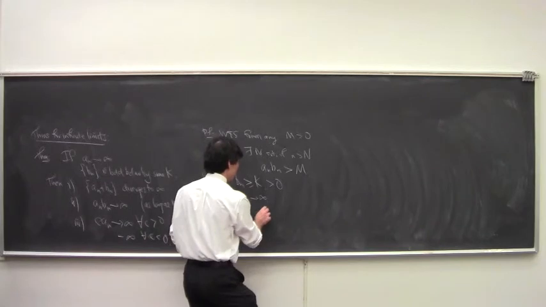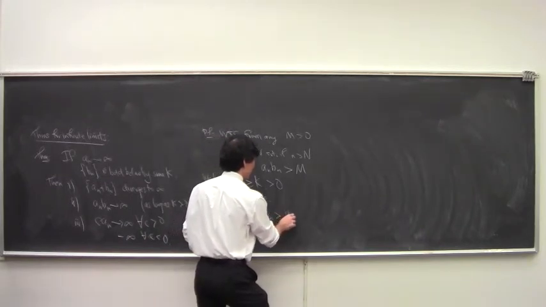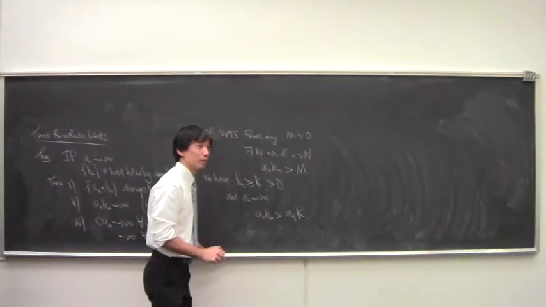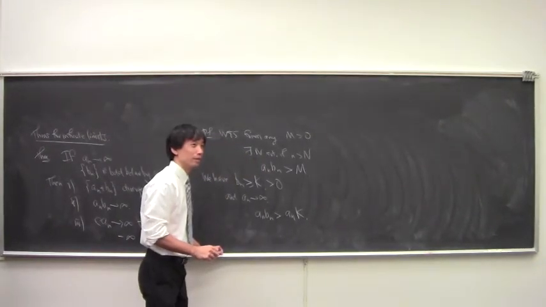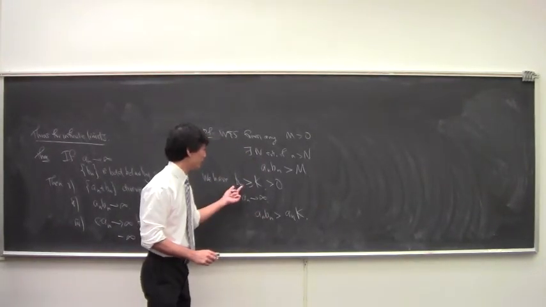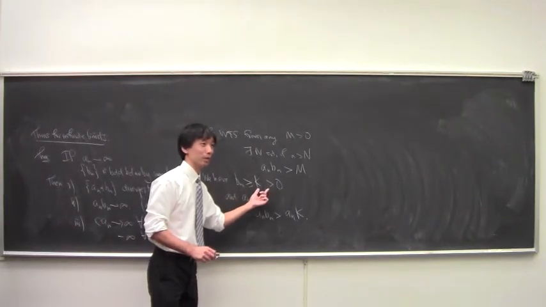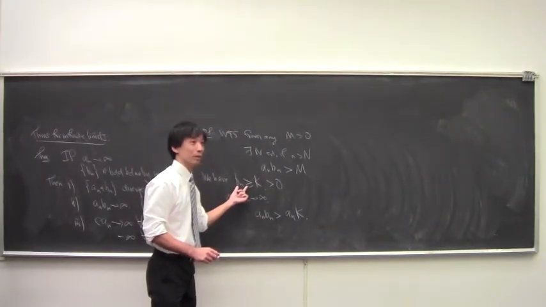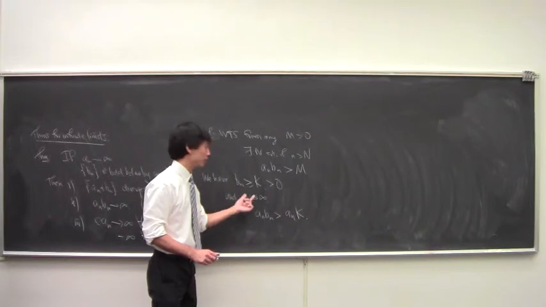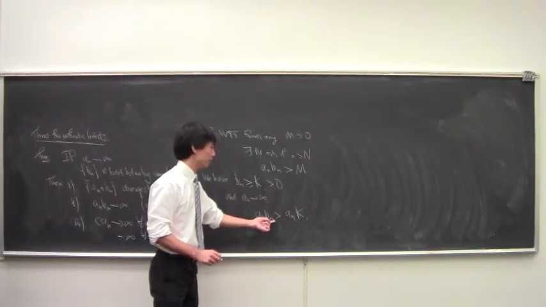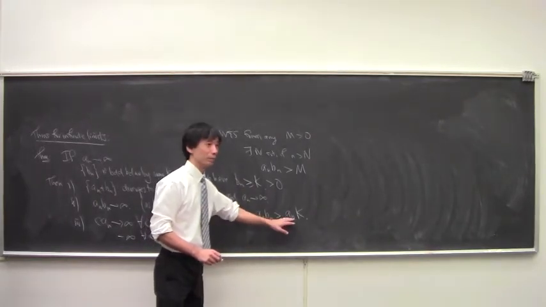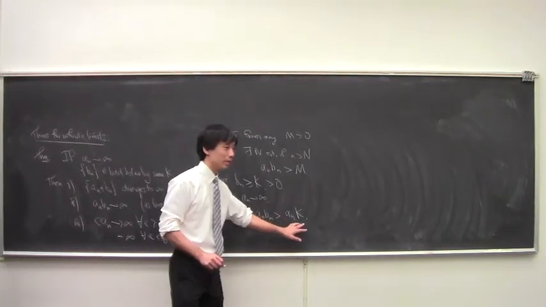Well, we don't know that a_n b_n is always greater than a_n, but we know it's greater than, say, k a_n, because b_n is bigger than k. K is the positive number, it could be less than 1, in which case a_n b_n would not be greater than a_n.